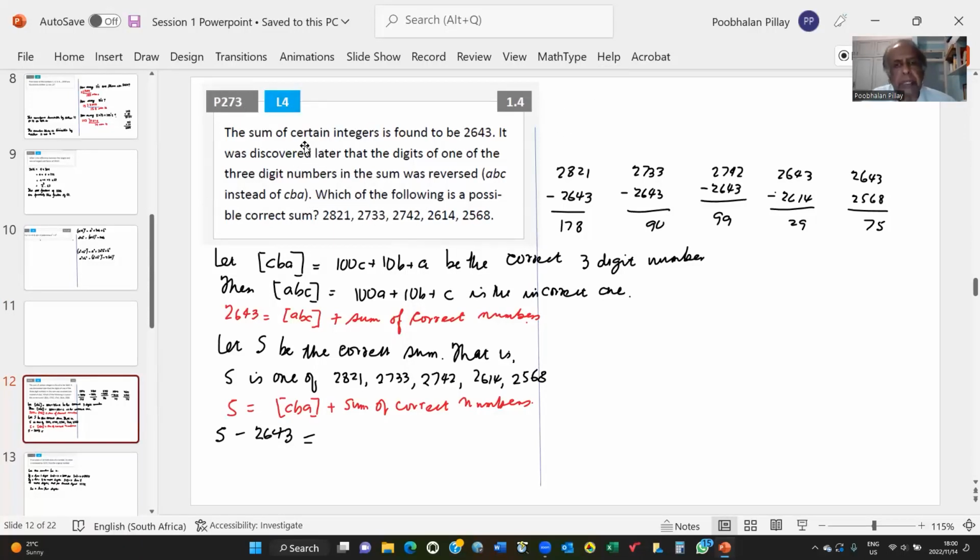Okay, so the problem says the sum of certain integers is found to be 2,643. So what are we doing? We're adding a number of numbers, and the sum of all those numbers is 2643. It was discovered later that the digits of one of the 3-digit numbers in the sum was reversed. What does that mean?